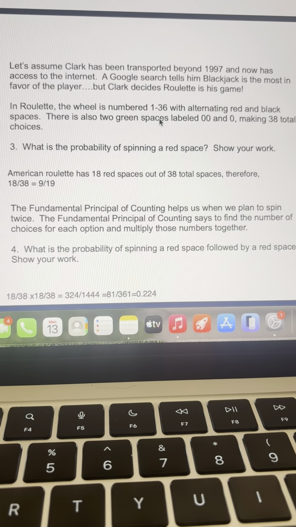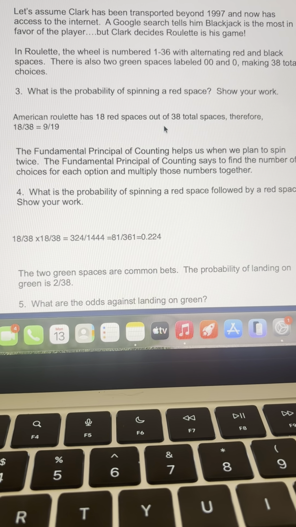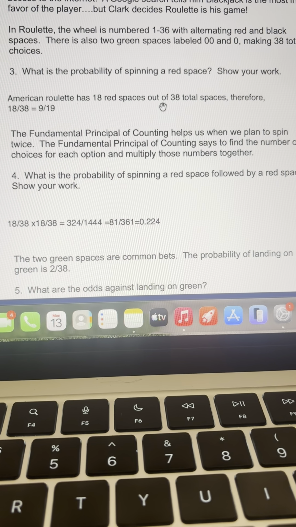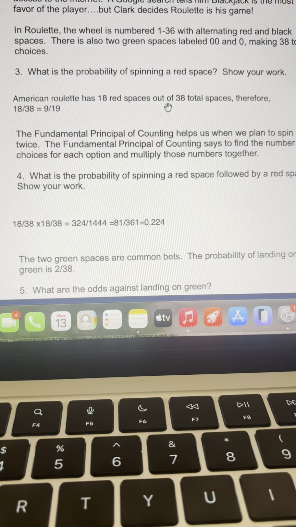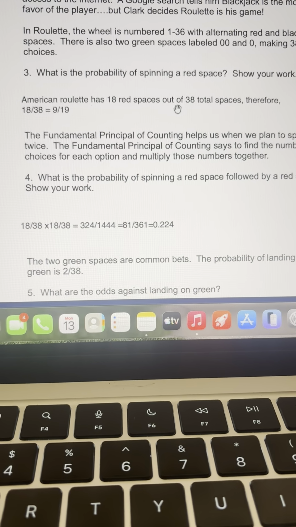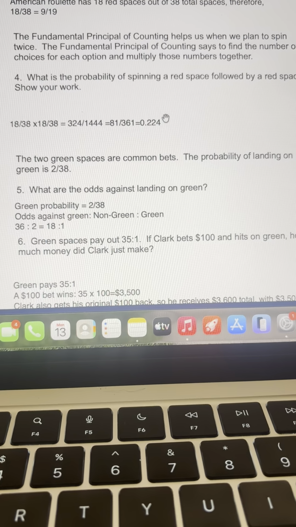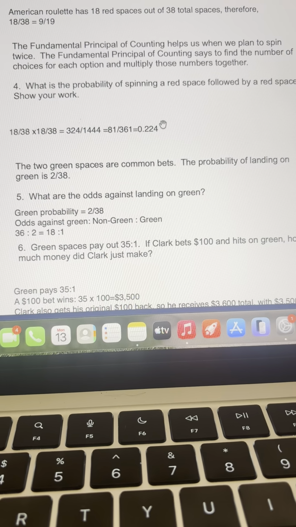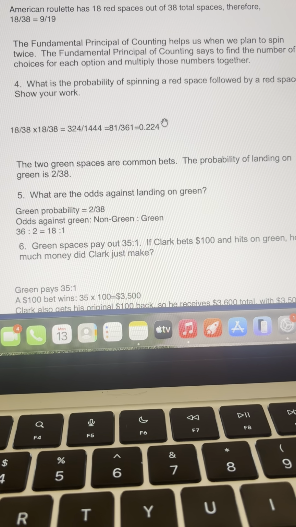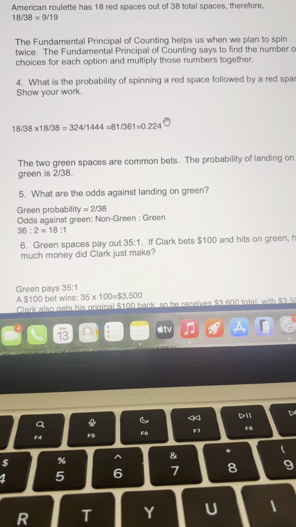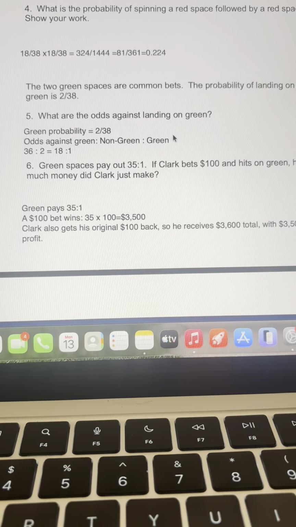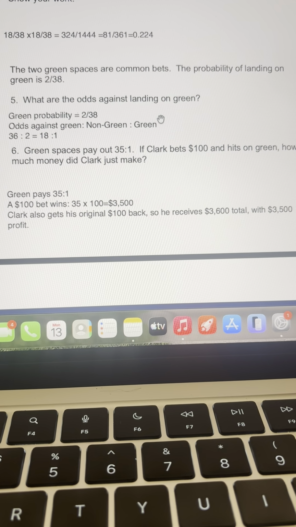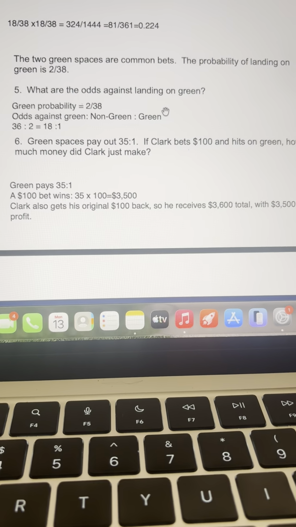For number 3, American Roulette has 18 red spaces out of 38 total spaces. So therefore, 18 and 38, or 9 and 19. For number 4, for number 5, I think the green probability is 2 and 38.